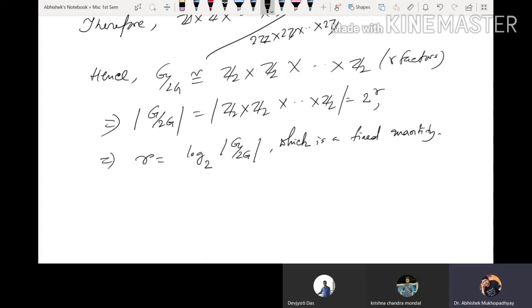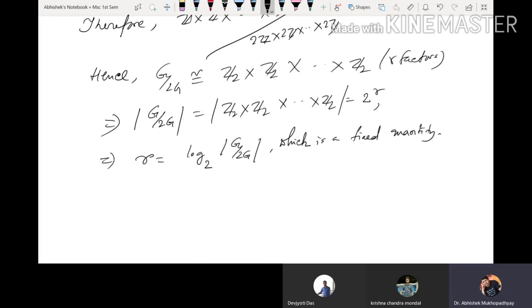Since G is the whole group and r equals log base 2 of the cardinality of G by 2G, r is fixed here. So you cannot change r.